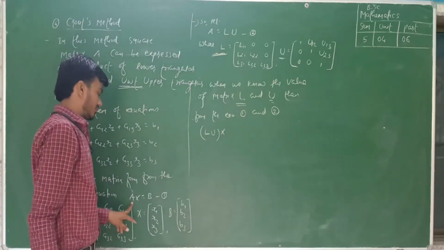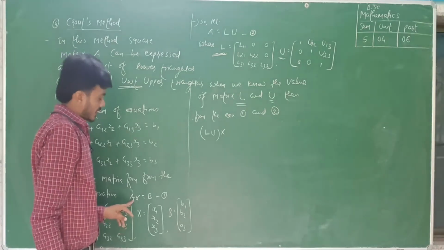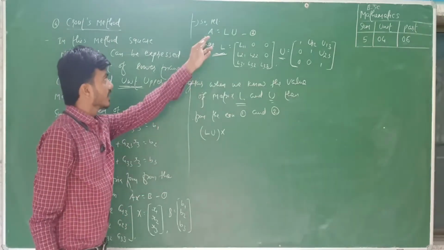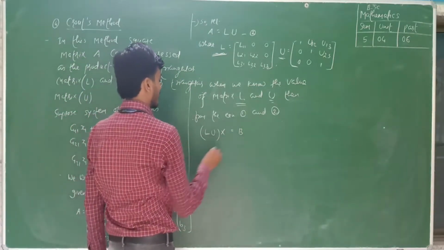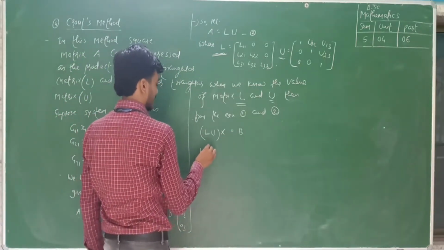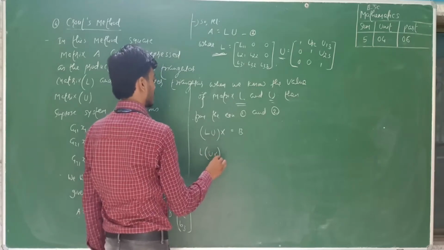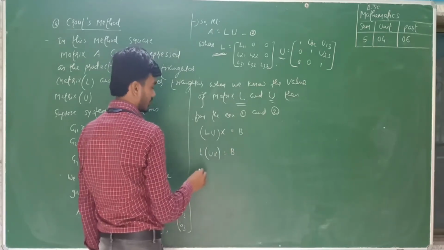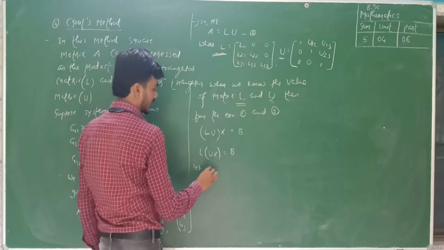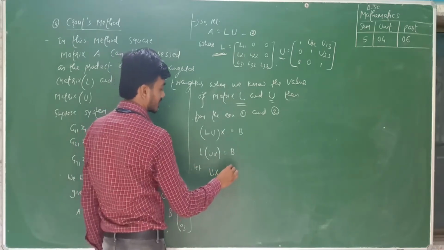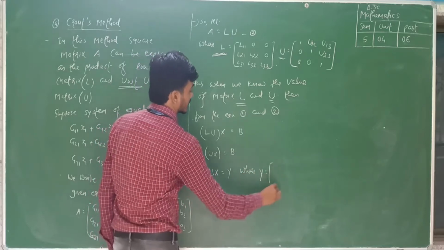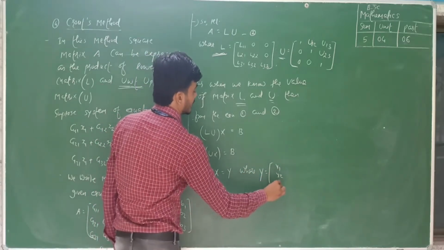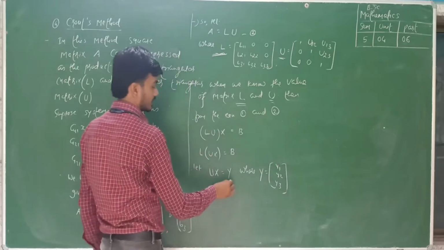Substitute this A in equation 1: LU into X is equal to B. So L into UX is equal to B. Suppose let U into X is equal to Y, where the Y matrix is Y1, Y2 and Y3.